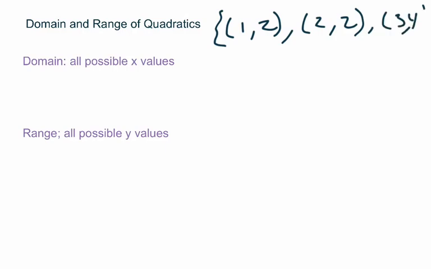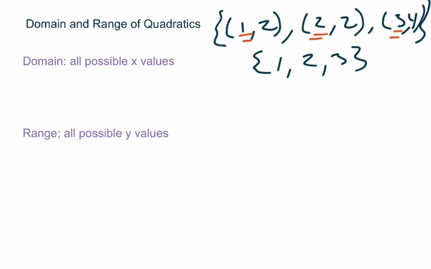You're given a group of points, 1, 2, 3, 4, and you're asked, what is the domain? And you would say, okay, well, the domain is 1, 2, and 3, because you would be looking at just the x's. And that's technically true. That would be the correct answer if you were asked, what is the domain of this function here?